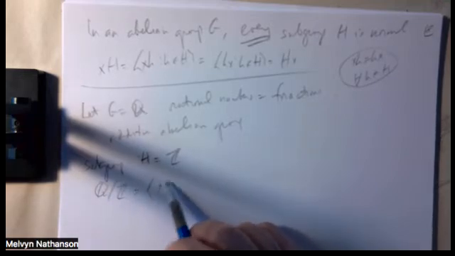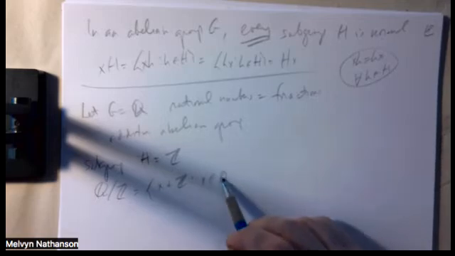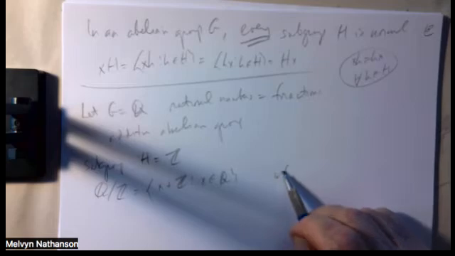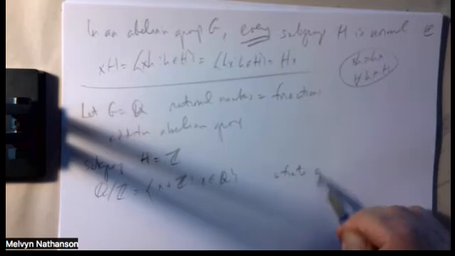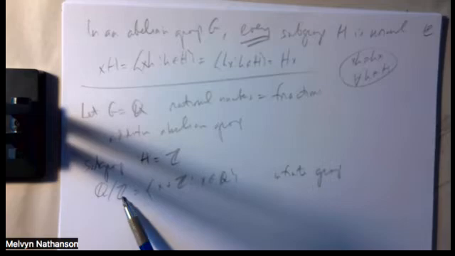So if I look at Q mod Z, this is the set of all cosets x plus Z, where x is a rational number. This is an infinite group. So Q is infinite, Z is infinite, and the quotient group is infinite.